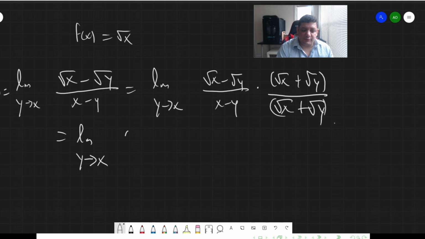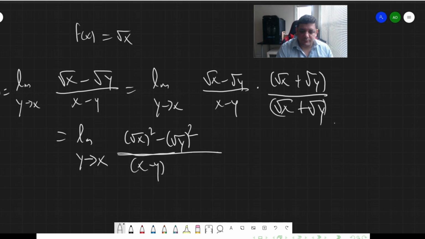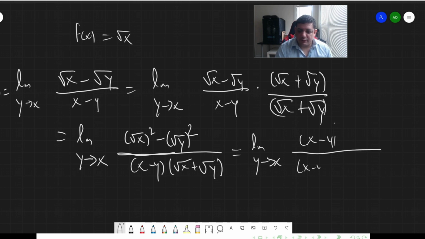Then this produces a difference of squares over here. And this is going to produce x minus y on the top, which is going to cancel with the x minus y on the bottom.